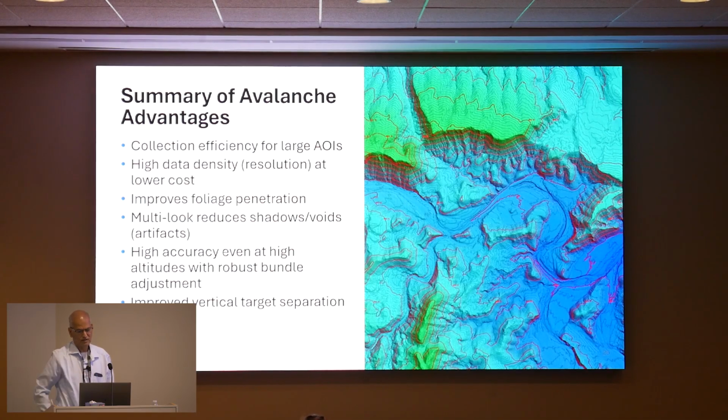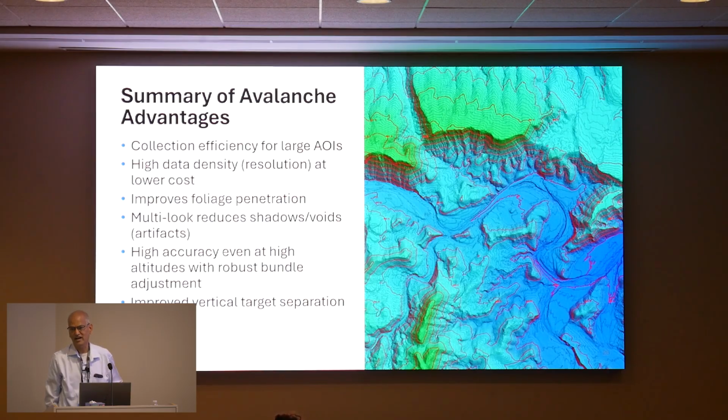So that is the last slide of the thing. Basically, you can collect larger areas quickly. Higher data density is another one. The foliage penetration, that is especially what one of the questions in the earlier session was about, the leaf off or leaf on. That is always a question: when do you collect the data? Leaf off or leaf on. And I think we always want to have leaf on.